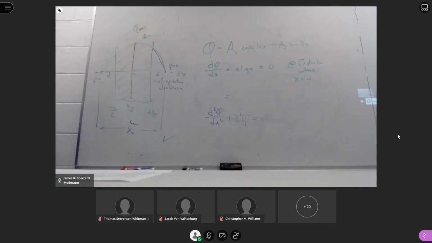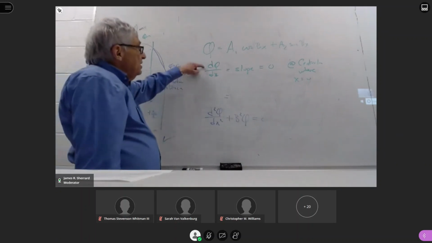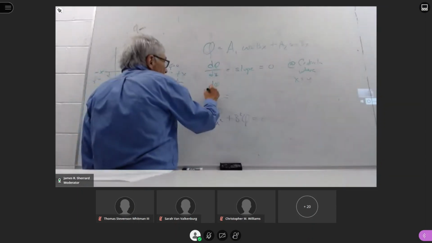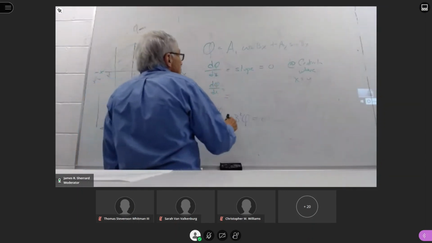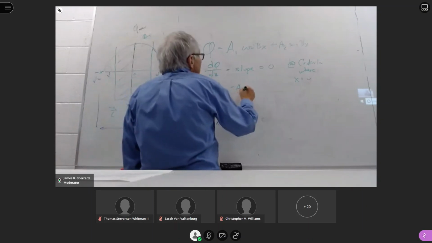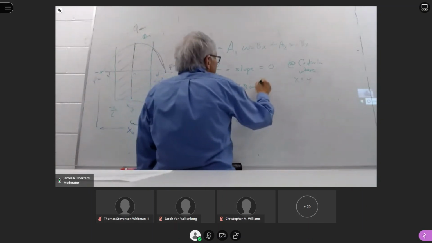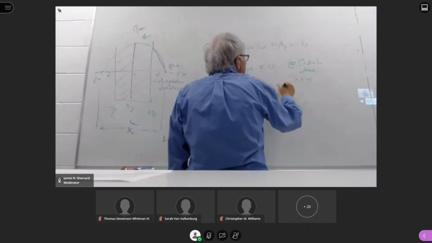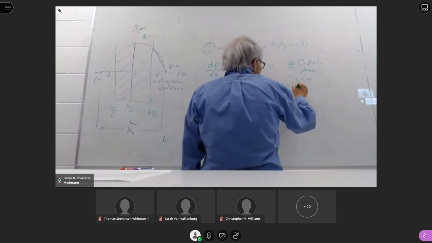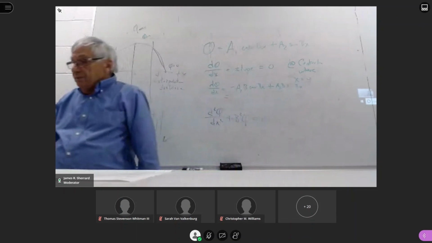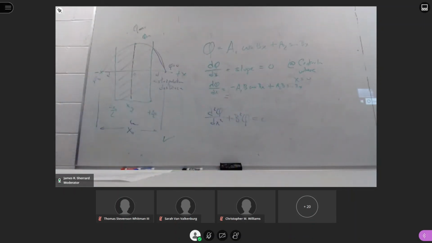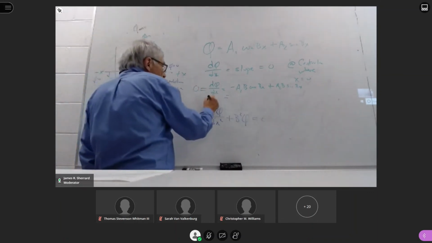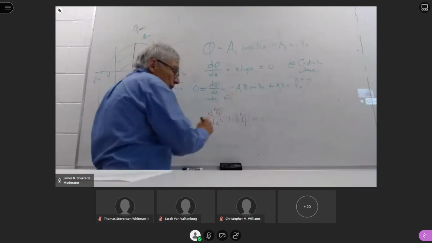So if I take the partial with respect to x, then d flux dx is equal to minus A1 B sine of Bx plus A2 B cosine of Bx. And now I know this is exactly equal to 0 when x is equal to 0.